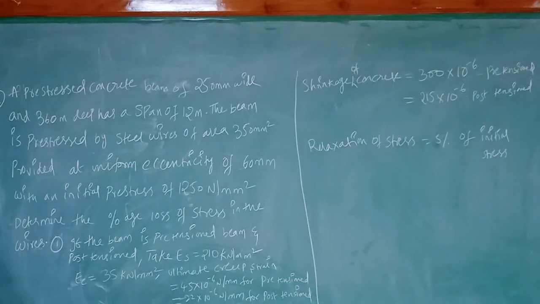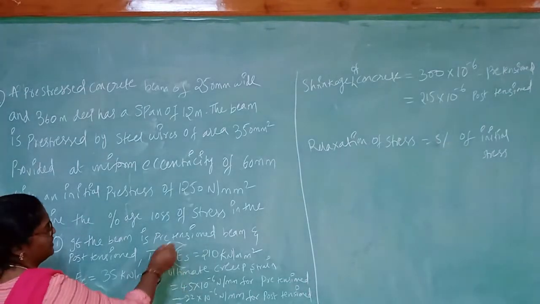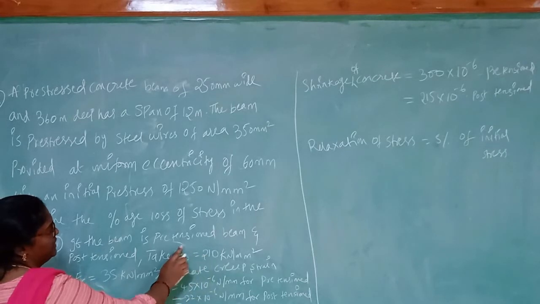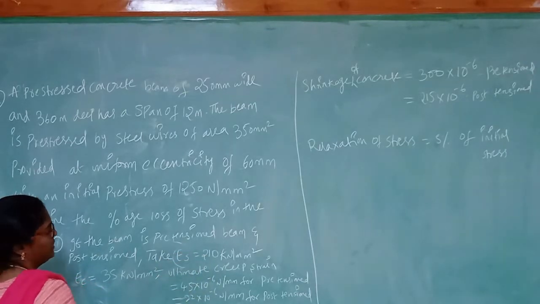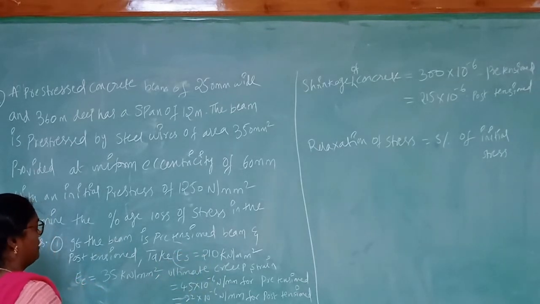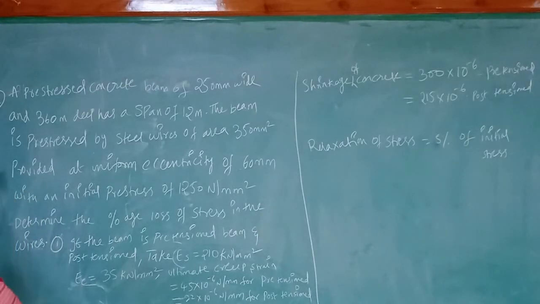Here he has already given you the Young's modulus of steel: 210 kilonewton per mm square, and Ec equal to 35 kilonewton per mm square.